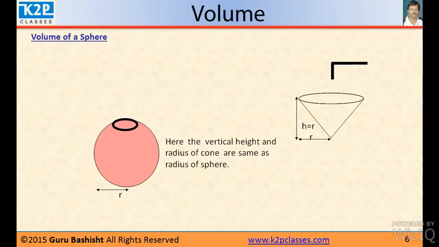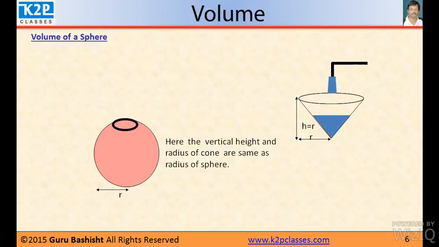Now let us find the volume of a sphere. We take a cone whose height equals its radius r, and then we take a sphere whose radius is r. We will see how much water is needed to fill the sphere.